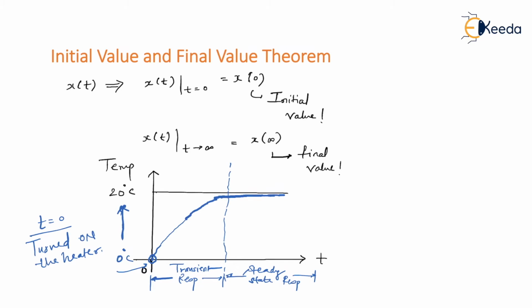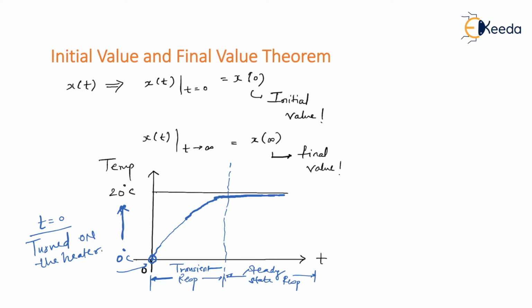At some point of time, it has reached 20 degrees centigrade, or let's say near to 20 degrees centigrade, because we never get a perfect temperature. We still have some error at the end, even though it could be 0.0001%, but still there is some error because no ideal systems exist in the world, right?